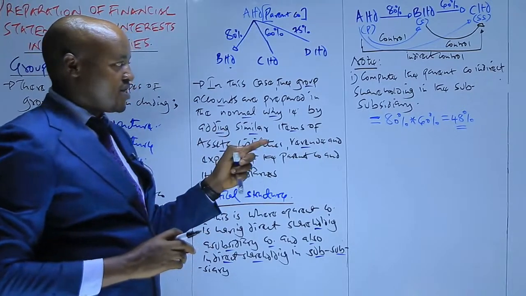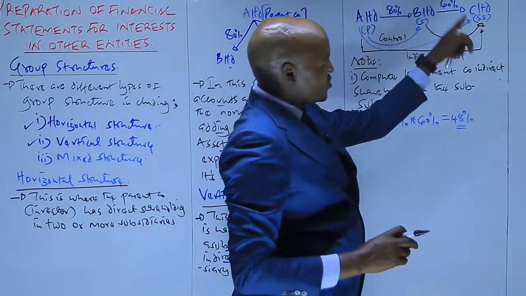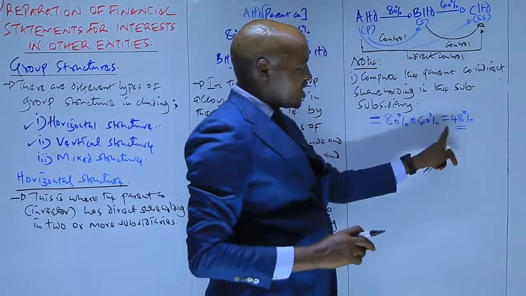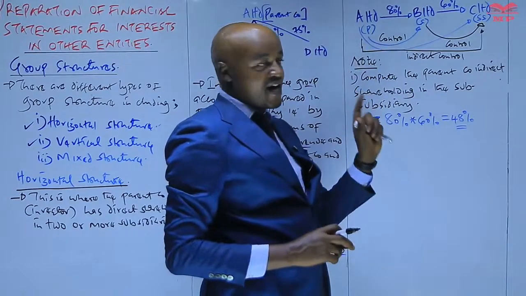So provided this company is controlling this one and this one is controlling that one, even if you get a rate which is less than 50%, then that company is still a sub-subsidiary.